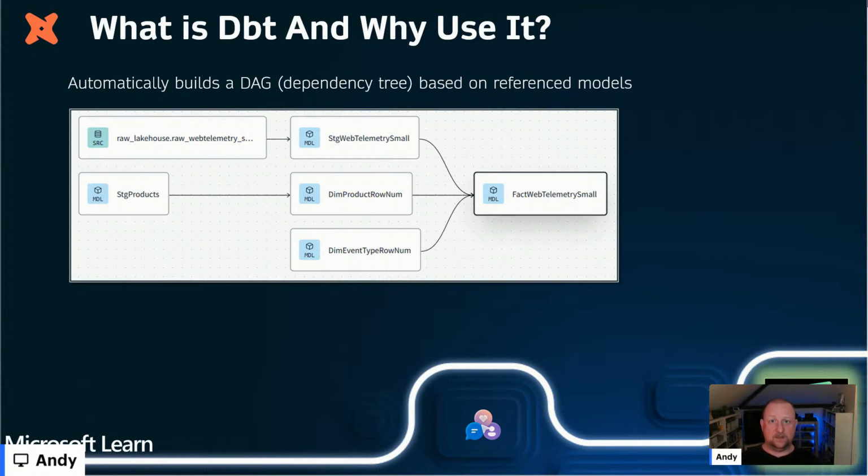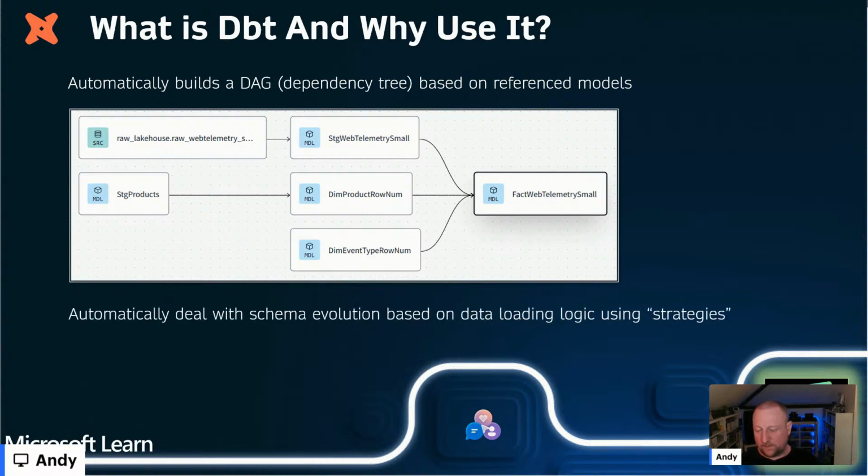In my select code within DBT, I'm adding in references to tables when I'm selecting. That allows DBT to automatically build out a DAG, directed acyclic graph, which is a dependency tree. And it will then run the loads in parallel and in sequence to meet the needs of that dependency tree.